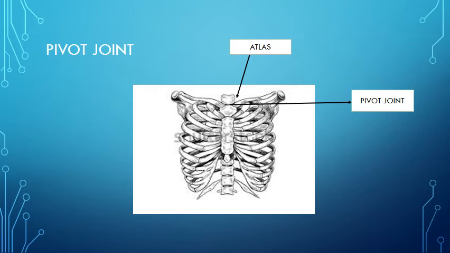This joint helps us to move our head in all directions, like forward, sideways, up and downward, except backwards.